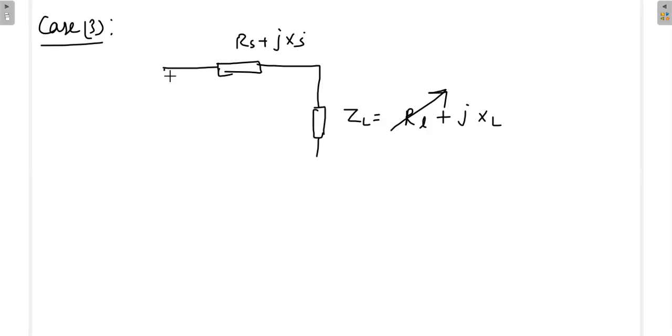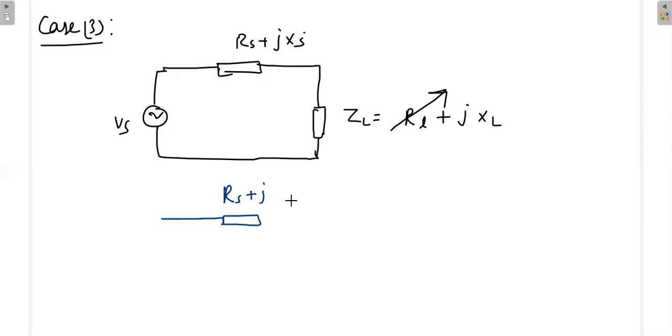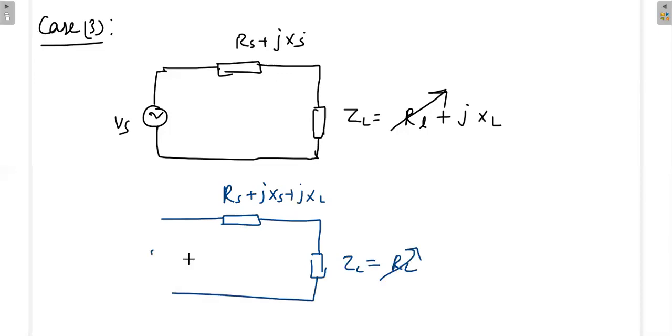First, I'll complete. This is Vs. So here even though the RL and XL are there, I can vary only RL. I cannot touch this XL. But anyway, finally the real power is going to be only in RL. So this XL I can take here virtually. Once I take like that, then this is RS plus JXS plus JXL. Nothing will change. Now here ZL is equal to RL, but RL is variable. Now this is equivalent to the previous condition.